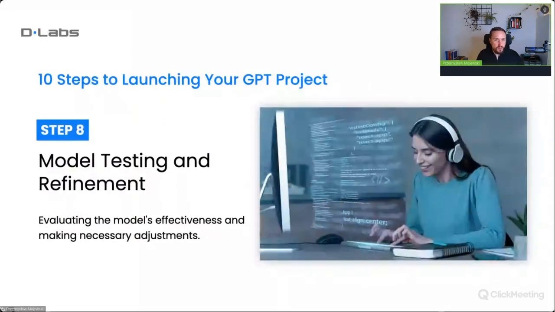Now we are moving on to step 8, model testing and refining. You need to be aware that the chatbot's initial deployment isn't the final stage, but merely the beginning of an ongoing optimization process. For our student agent, we subjected it to a stringent testing regimen. It wasn't just to ascertain its performance, but to identify anomalies like hallucinations or incorrect responses.